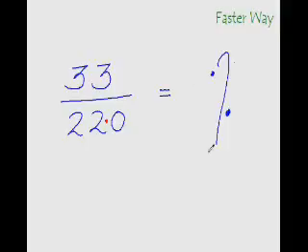Now we know that come what may, this answer is between 10% and 20%. Okay, so let's try to get closer to it. Let's take 5%. 5% would be half of this, that is 11, and 11 plus 22 is 33, and yes, that is what our answer is. So 10% plus 5% is 15%. So this is our exact answer.